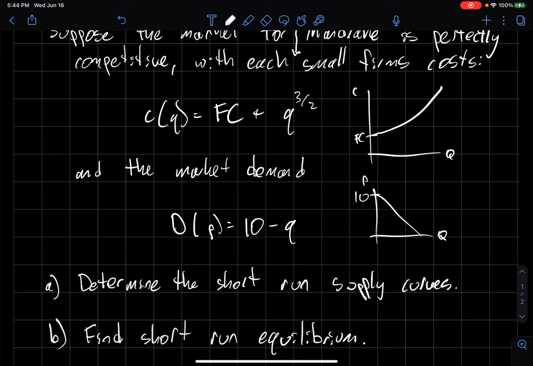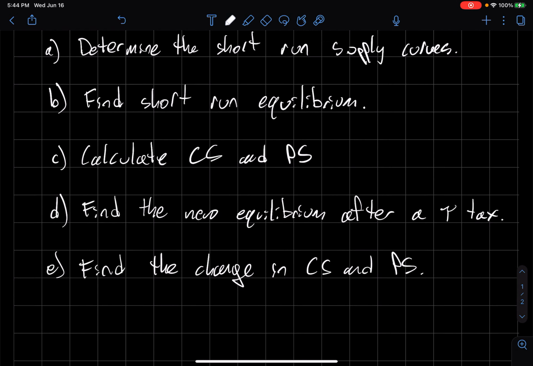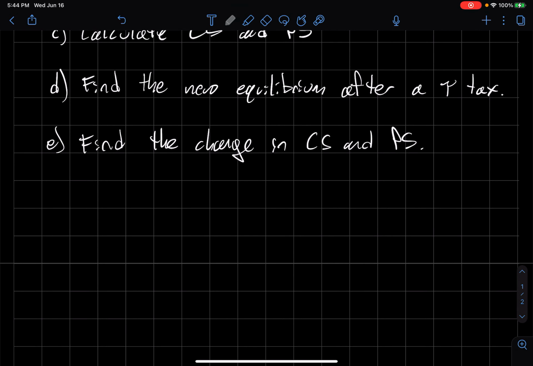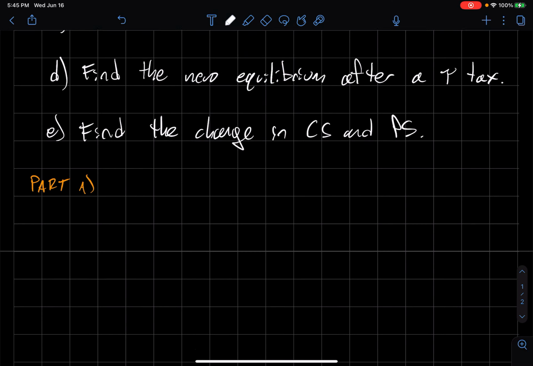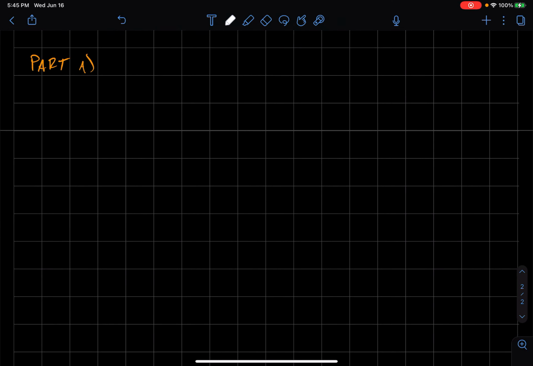So the first thing to do is determine the short-run supply curve. So let's write this down below. So we'll call this part A. So we're determining the short-run supply curve. So two things to do here.